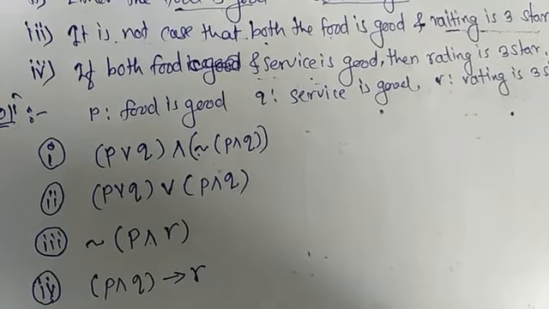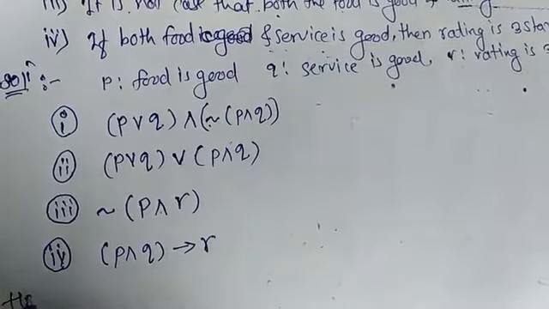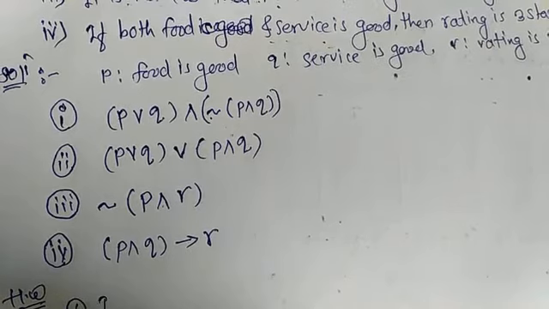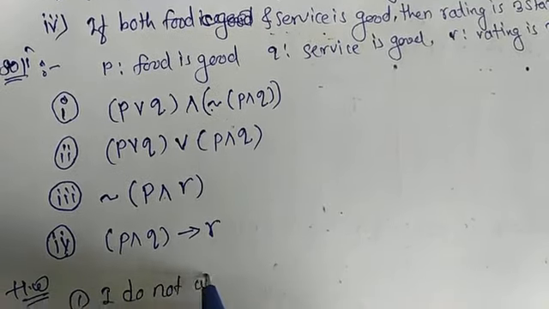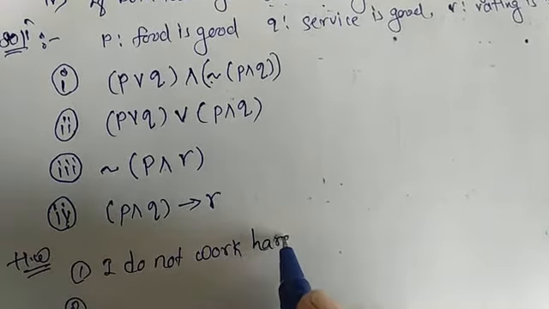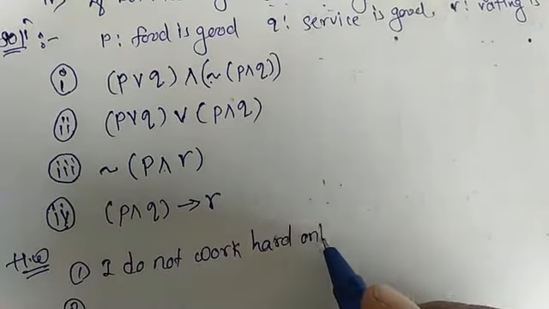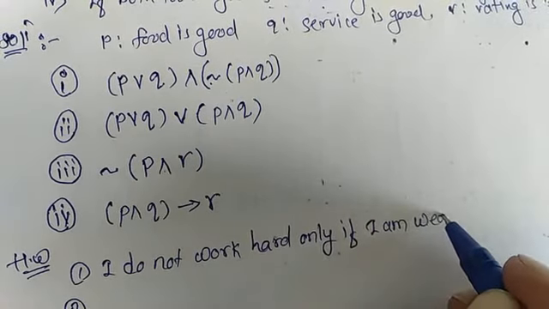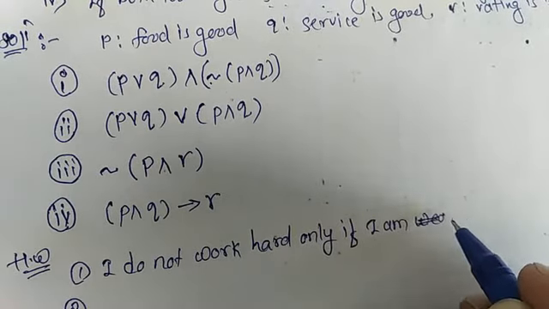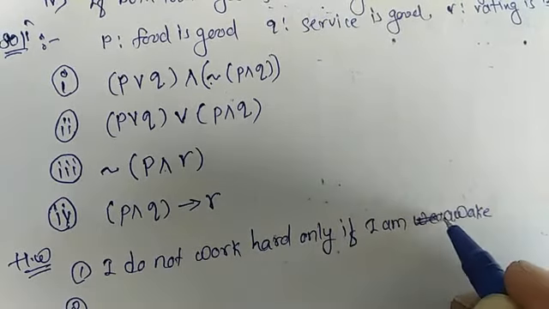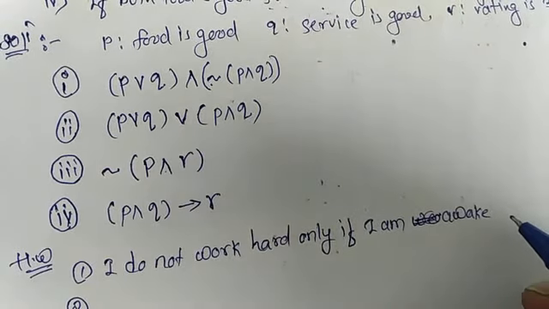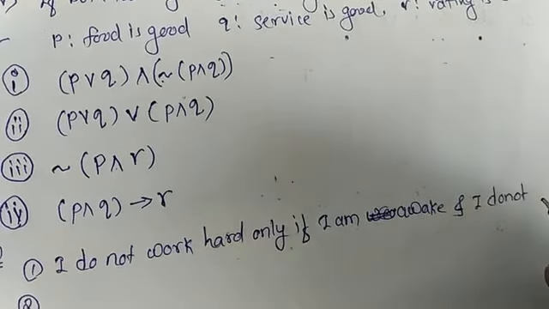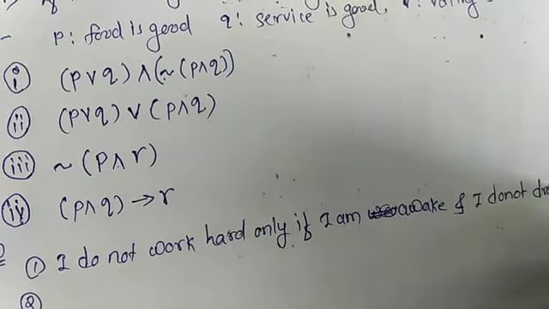Okay, so for your homework you have to translate two statements into symbolic form. The first is: I do not work hard only if I am awake and I do not dream of home.